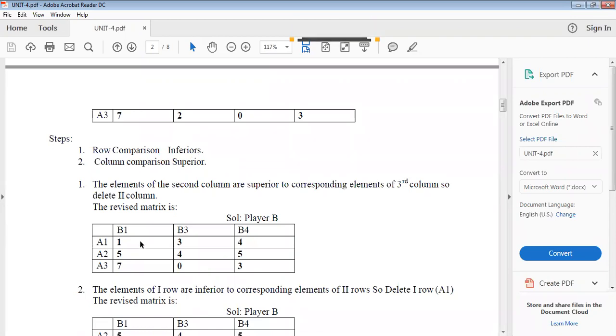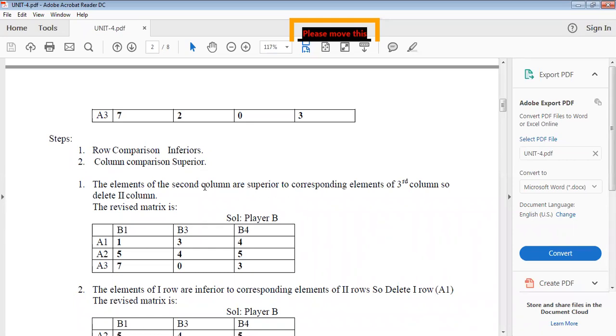Column comparison: if you take the elements of the second column, they are superior to the corresponding elements of the third column. So delete the second column. You need not be confused.